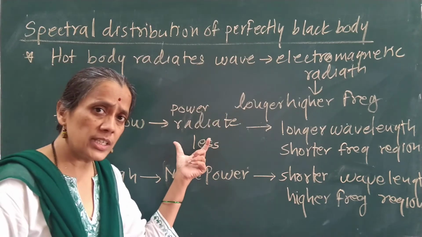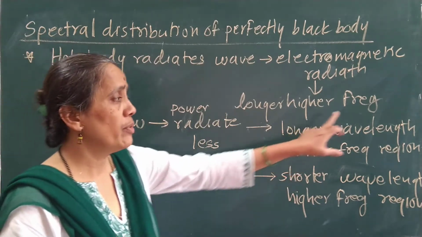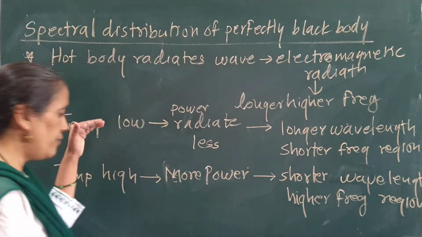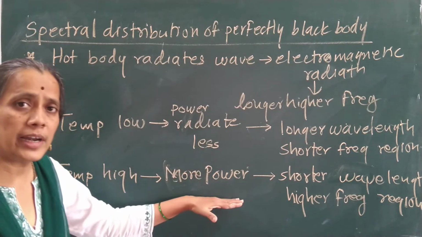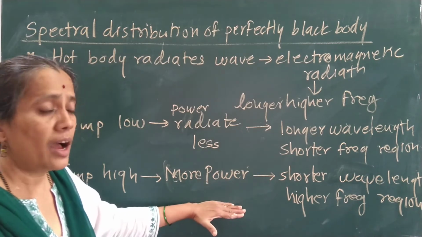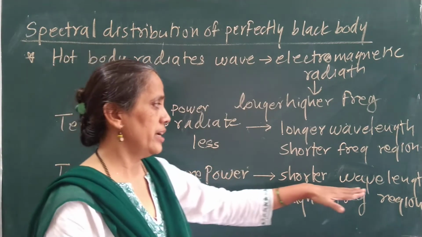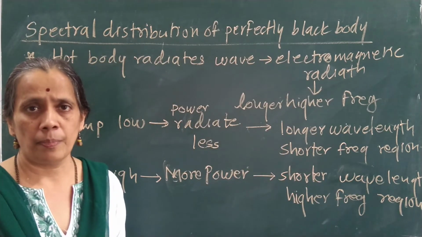Power radiation is less, तो वहाँ पे जो electromagnetic waves आएंगी, that will be of longer wavelength, shorter frequency. If temperature of that body goes on increasing, power radiation increases, so those radiated powers, in the form of electromagnetic waves, have a shorter wavelength but higher frequency.